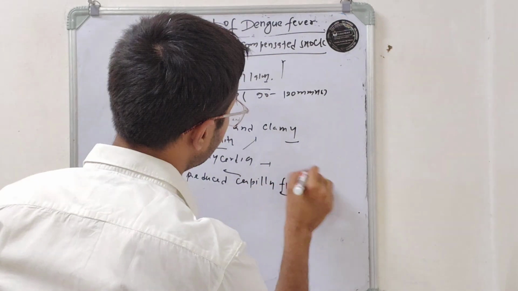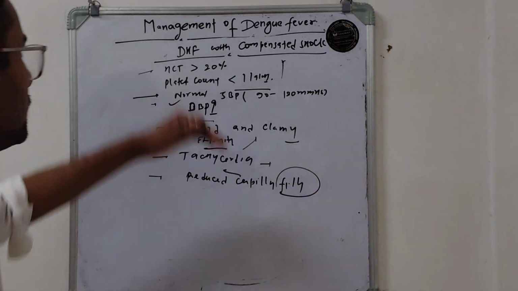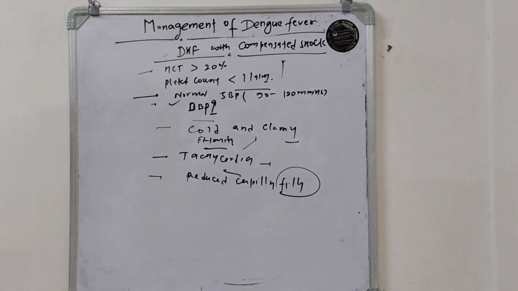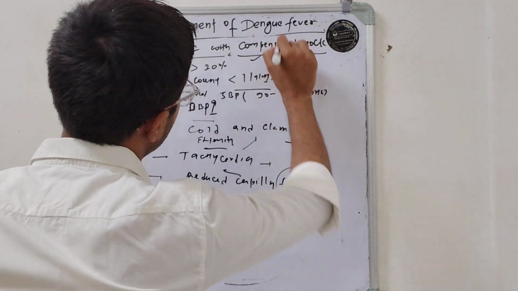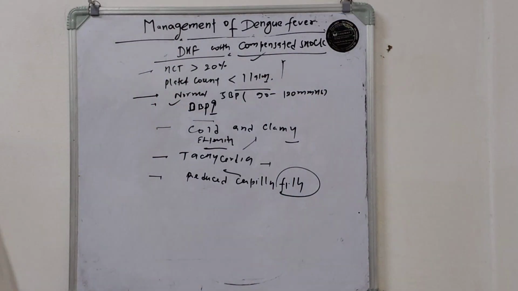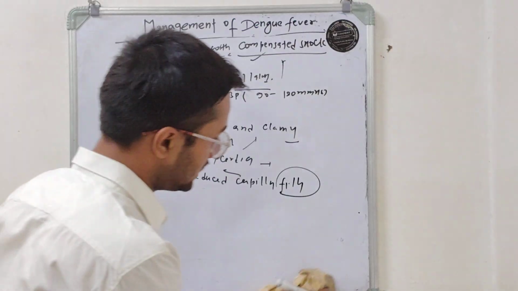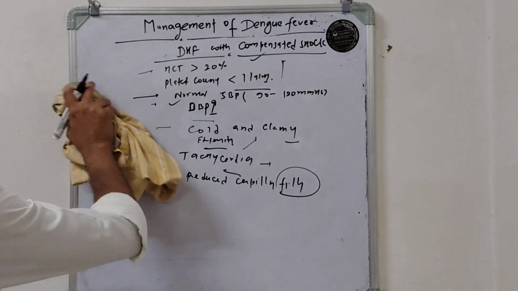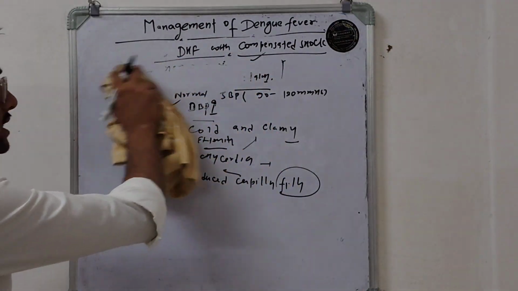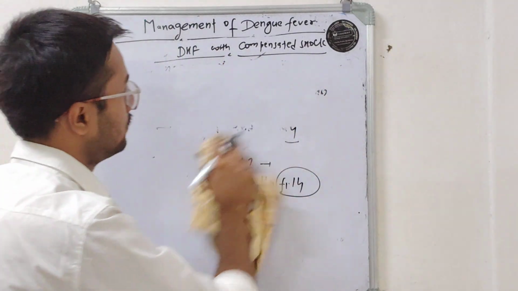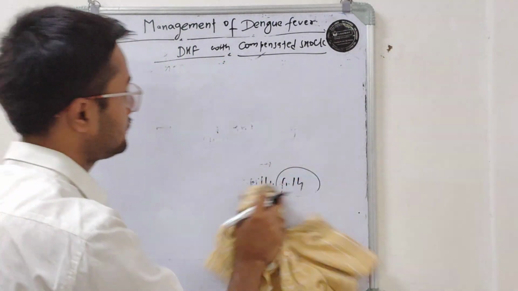So these are the findings that you find in case of dengue hemorrhagic fever with compensated shock. Okay, after discussing the criteria to decide whether a patient has decompensated or compensated shock, now we are going to discuss the management of this compensated shock. Okay, that's fine.